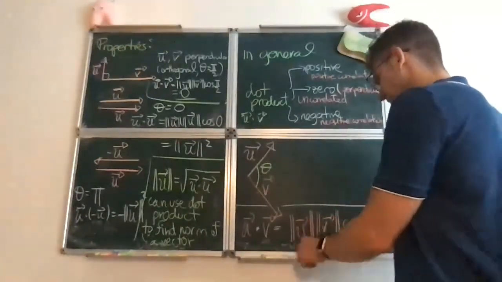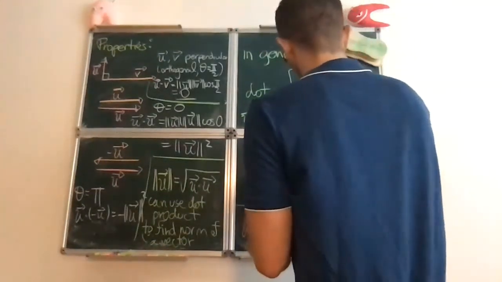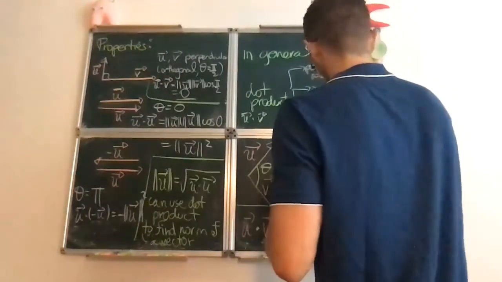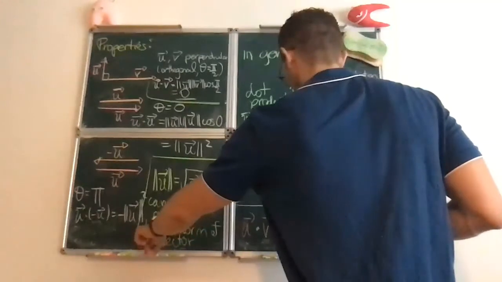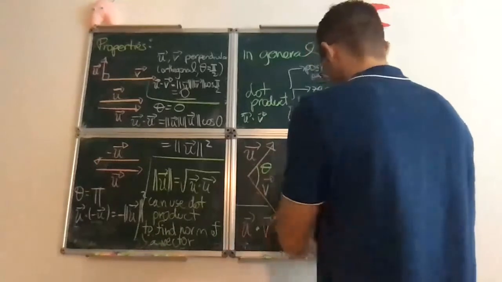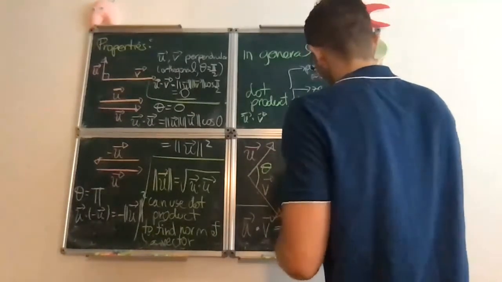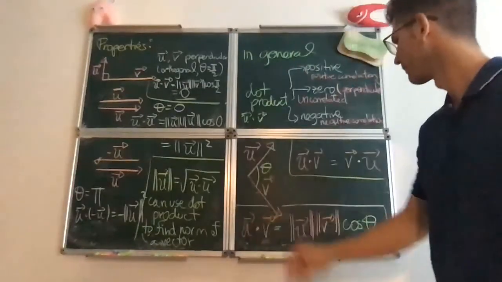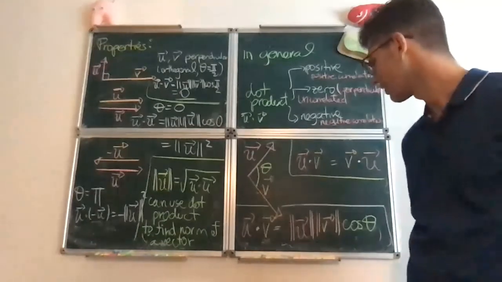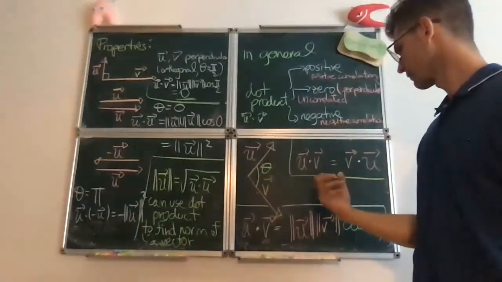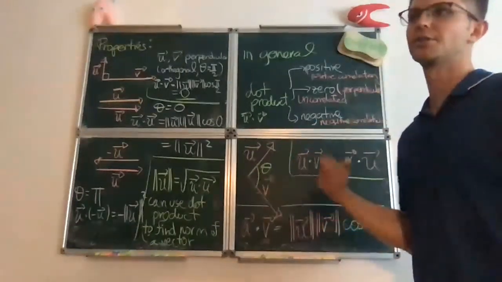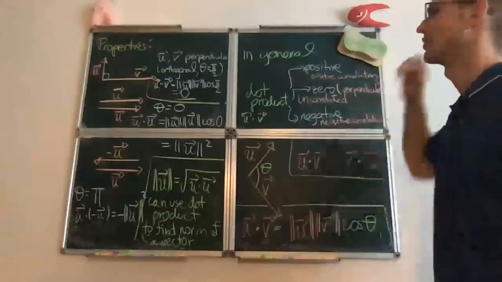So what I'm trying to say is that the dot product between u and v is the same as the dot product between v and u. And so what that means is that you can move around the order of the factors in the dot product without having to worry too much about it.